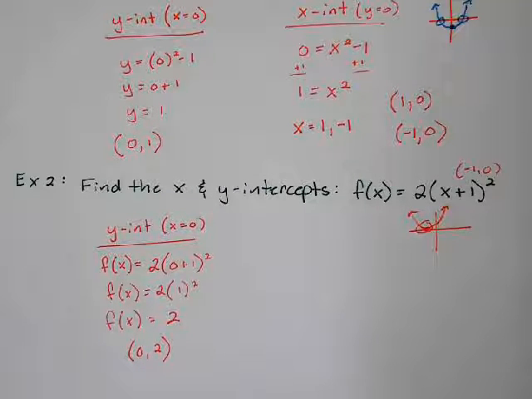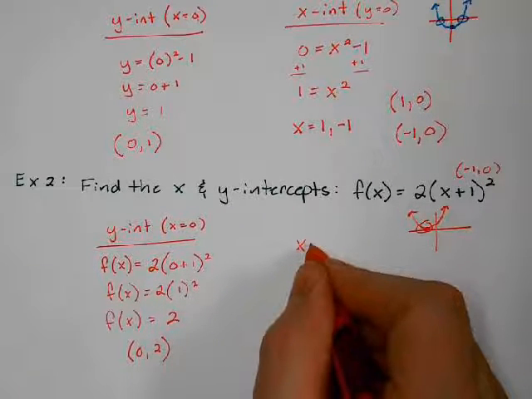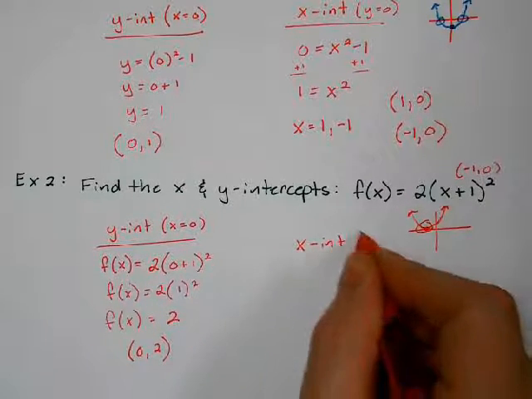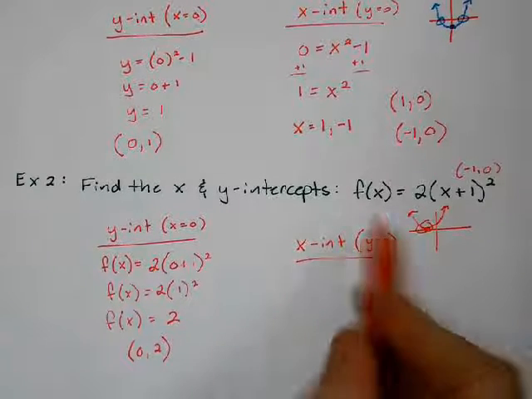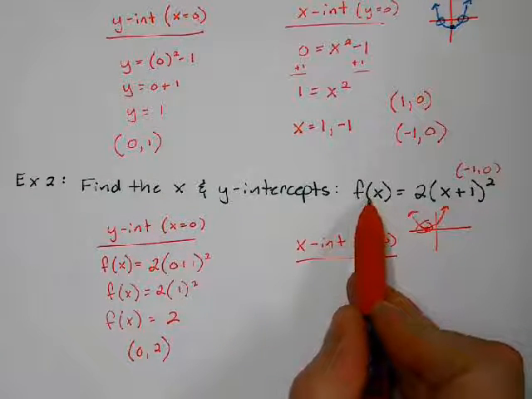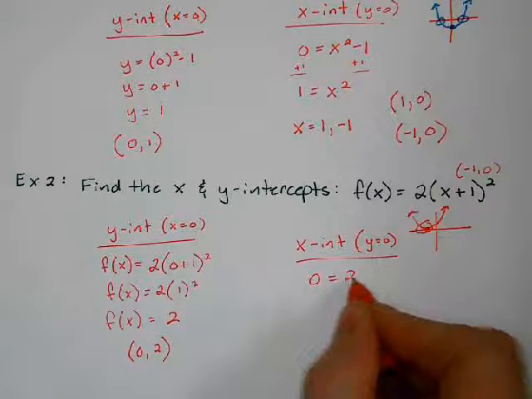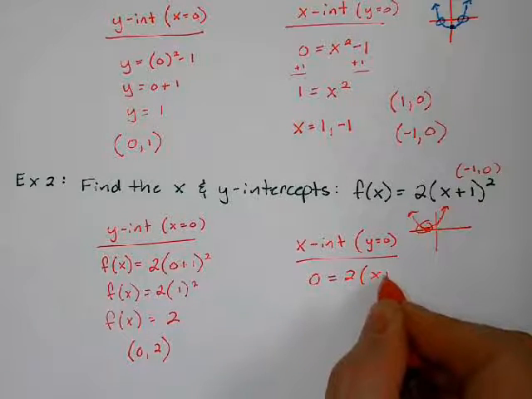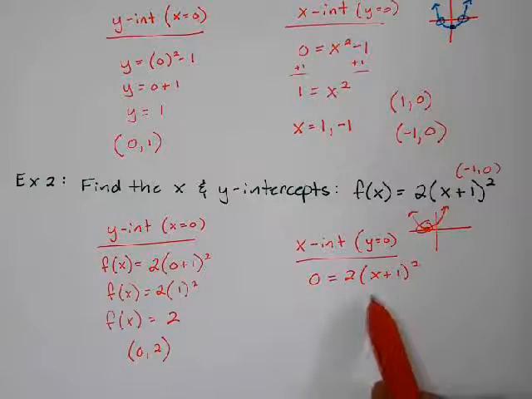X-intercept. This is when y is equal to 0. So I'm going to plug in 0 for f of x, because f of x is y. So I do 0 equals 2 times (x plus 1) squared. Now, I want to get x by itself, so I'm going to need to do a little bit of math trickery here.